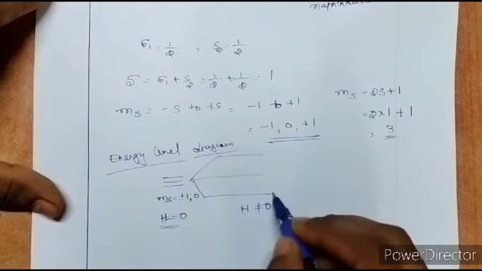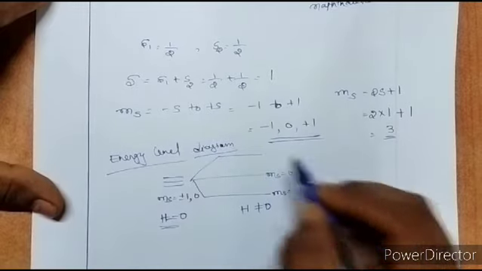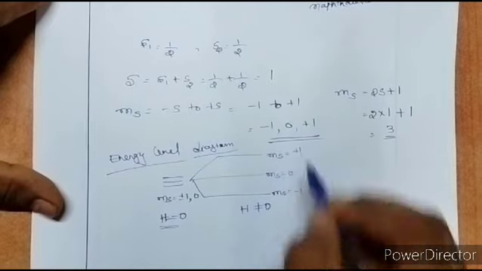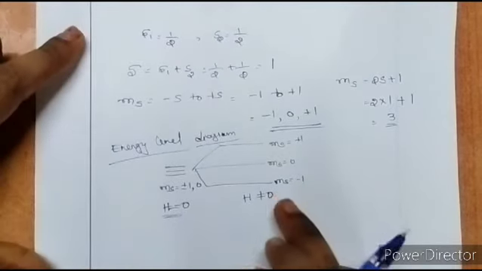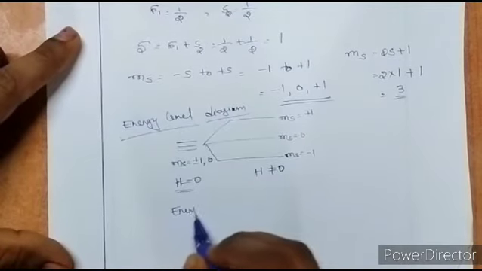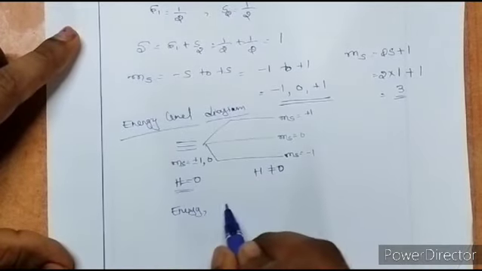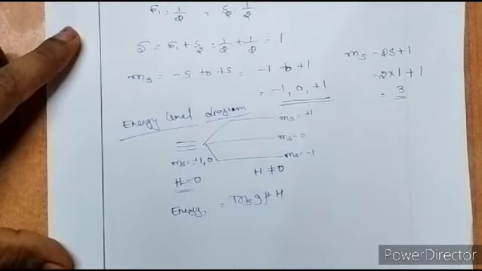This will be ms equal to minus 1, this is ms equal to 0, while this is ms equal to plus 1. We also know the energy for the ms levels, right? So what is the energy of an ms level? It is given by this particular expression: E equal to g beta H ms.